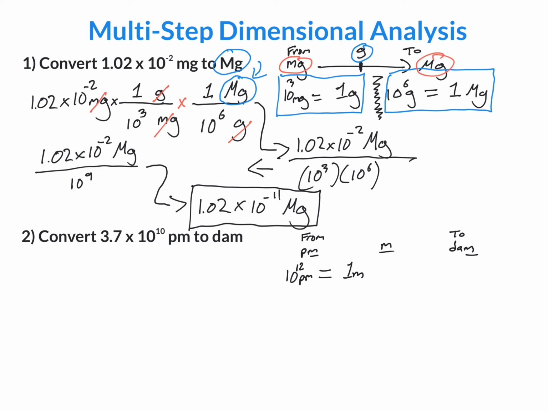Now, decameter, that is not a decimeter, that is deca, so that's bigger, okay? That's going to mean that there are many of the meters in 1 unit of the decameter, so we'll write 1 DAM. How many is the question? How many meters?